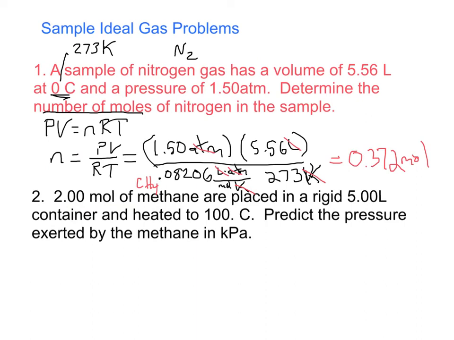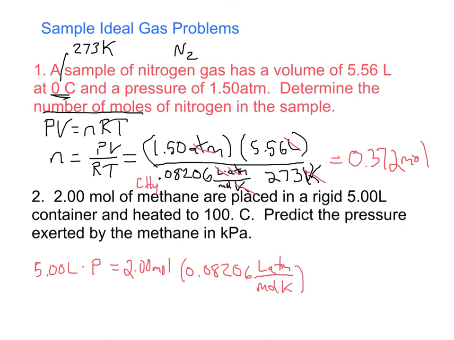So to set this up, it would be 5.00 liters times P, which equals 2 moles times the ideal gas constant, 0.08206, and then lastly, times 373 Kelvin.